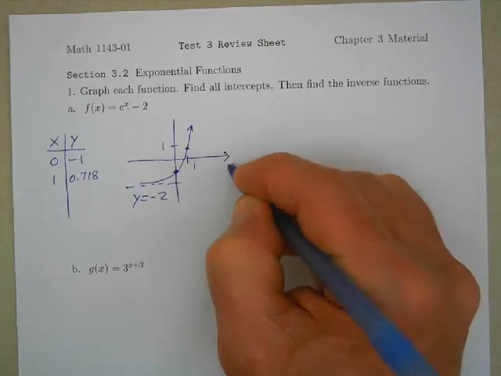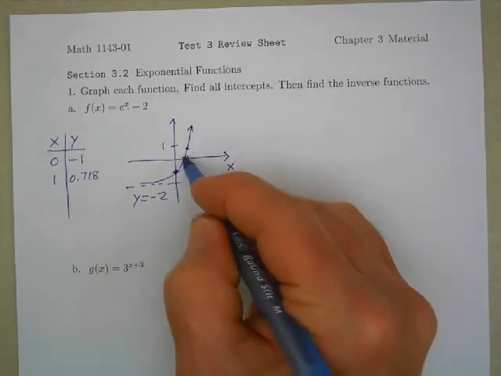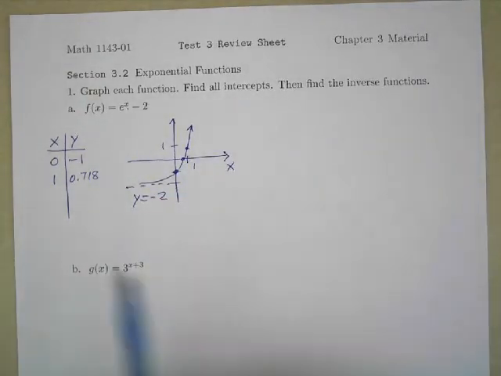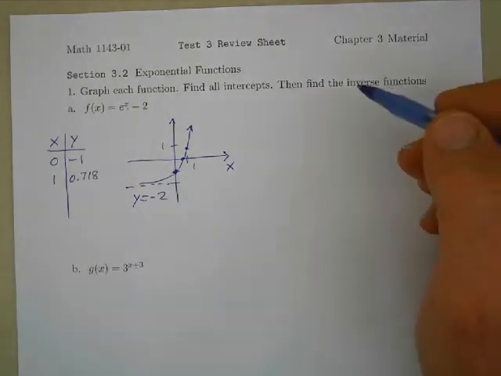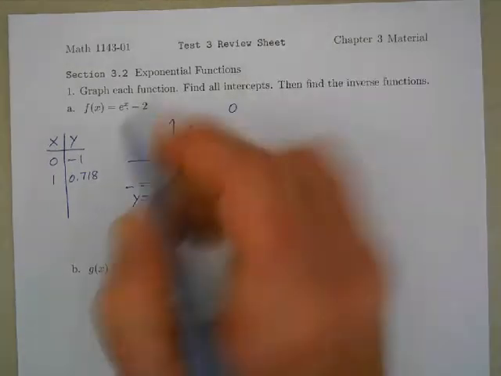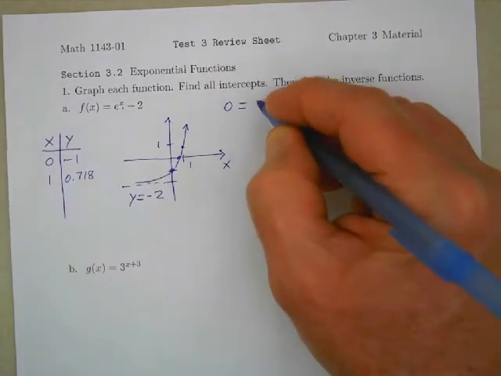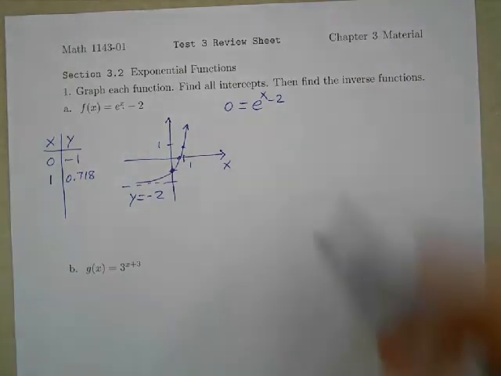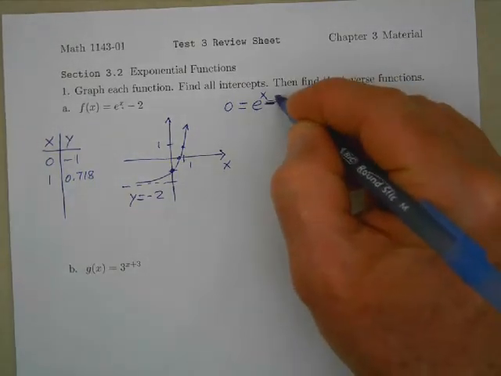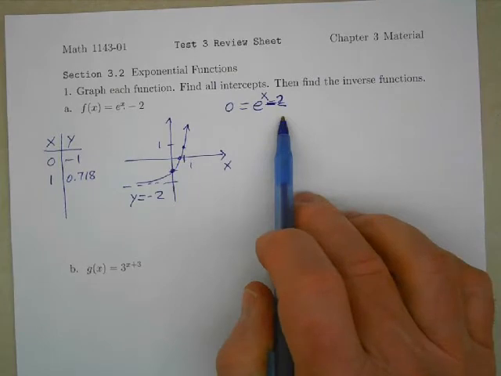But how do we find the x-intercept? Well, we replace y, or f of x, with 0, set it equal to e to the x minus 2, and then solve this for x.